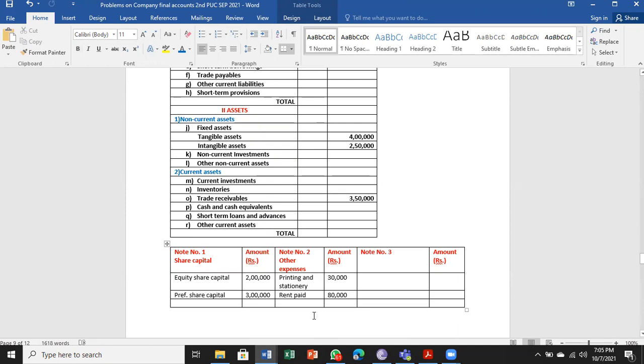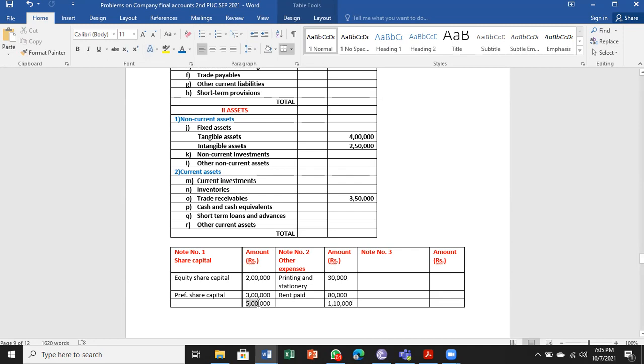So first let me go for totaling the notes. Note number 1, 2 lakhs and 3 lakhs. We have two items, one equity share capital, the other preference share capital. Then I have other expenses 30,000 and 80,000. So 30 plus 80, 1,10,000.